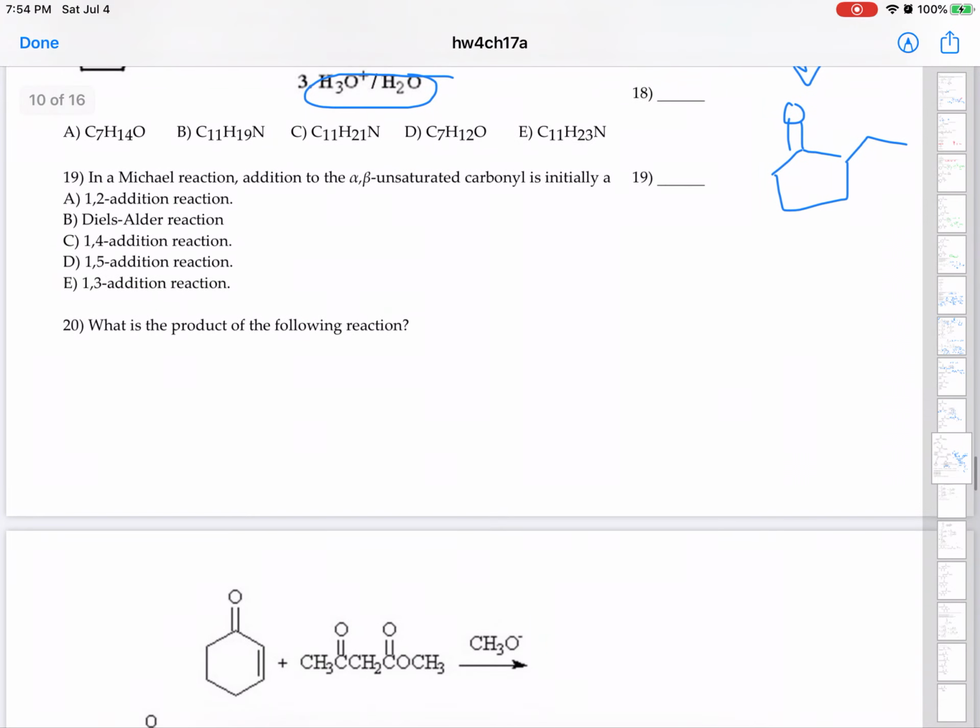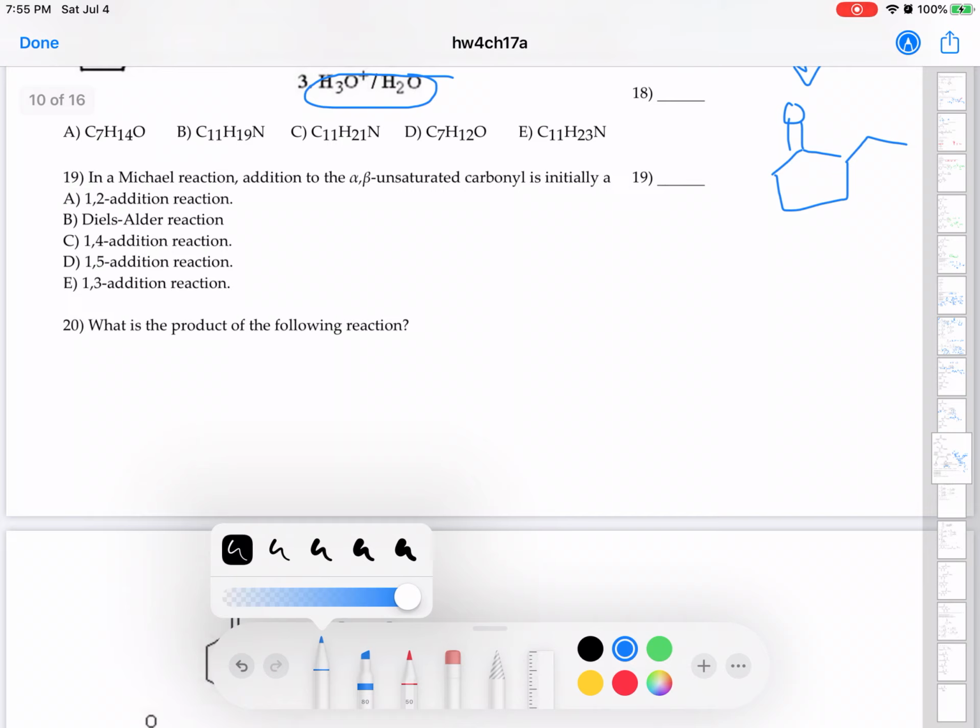Number 19, in a Michael reaction, addition to the alpha beta unsaturated carbonyl is initially a 1,2 addition, Diels-Alder, 1,4, 1,5, 1,3. What is it? We talk about alpha beta unsaturated carbonyl compounds. That is basically a 1,4 addition.